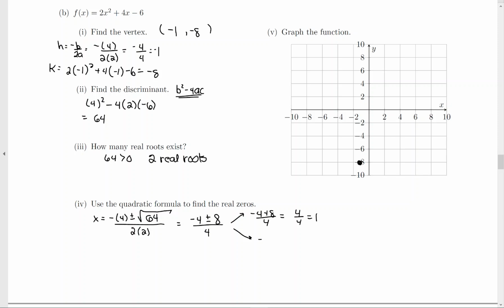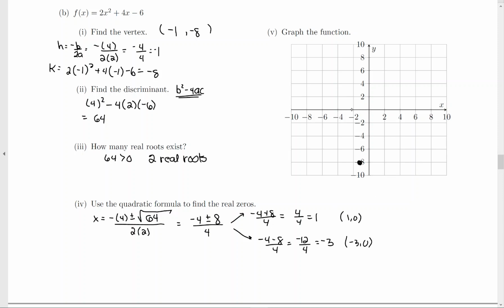And then negative 4 minus 8 divided by 4. Notice I compute the numerator, negative 12, before I do the division. Negative 12 divided by 4, negative 3. So I have 2 x-intercepts, one at 1, 0, the other at negative 3, 0.